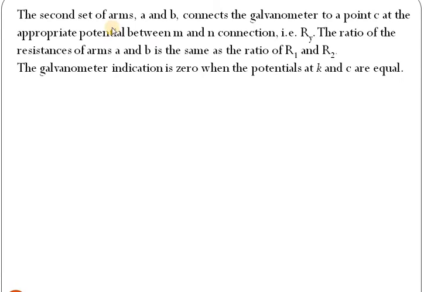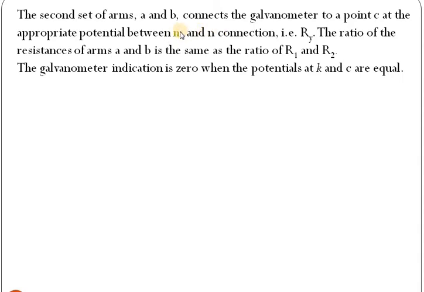The second set of arms a and b connects the galvanometer to point C at the appropriate potential between M and N.